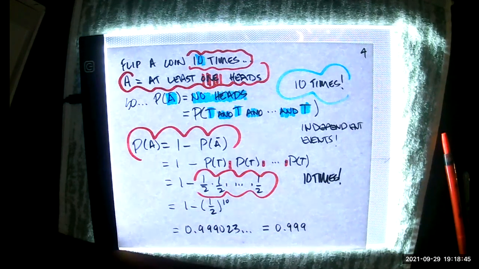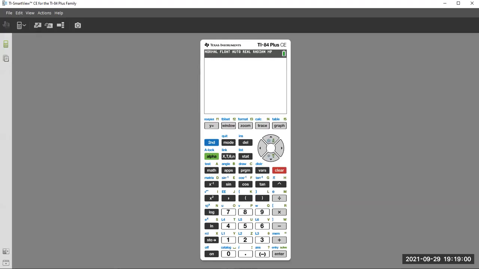Let me jump over to my calculator and we'll go through the keystrokes. So I have 1 minus. Now, here's the thing, people.